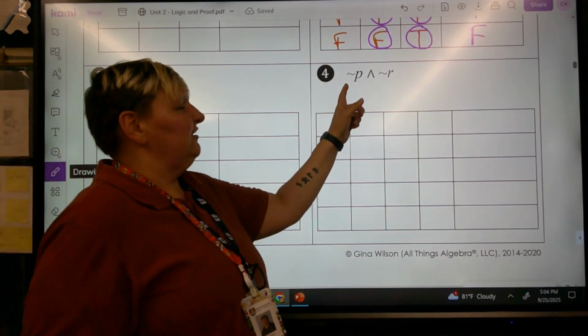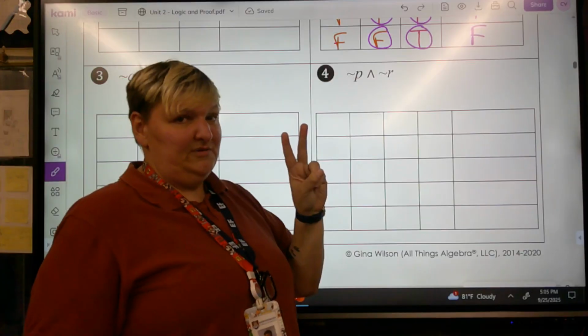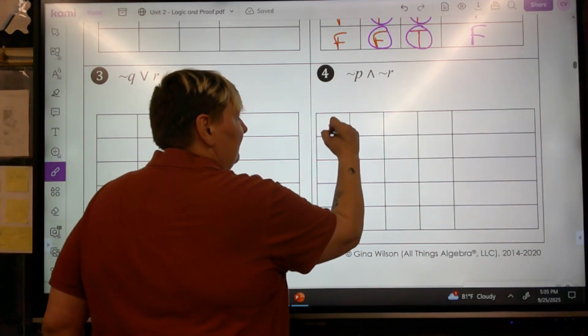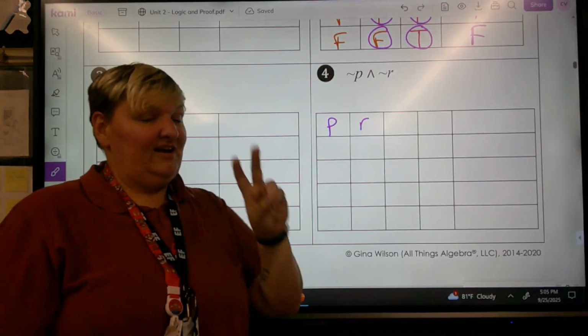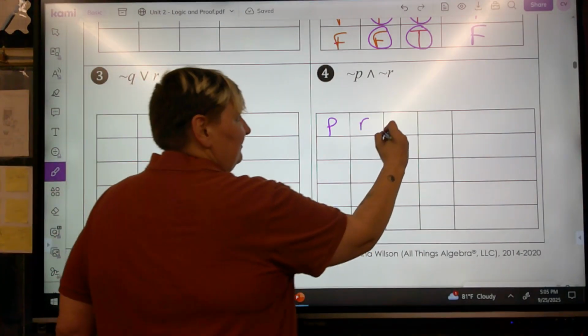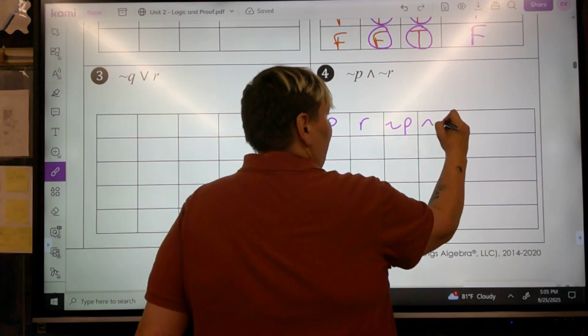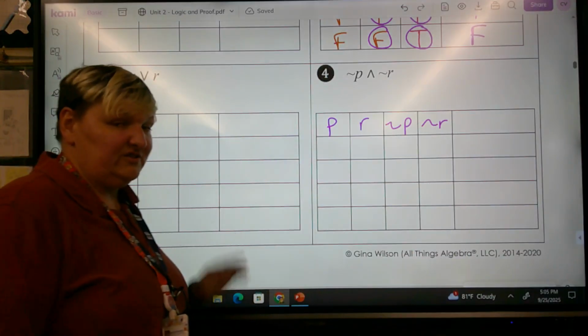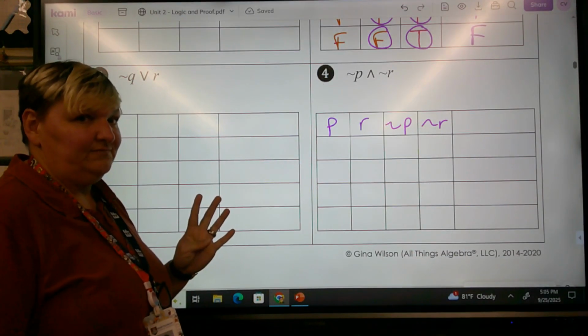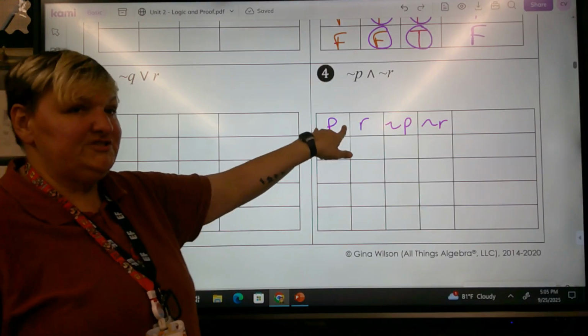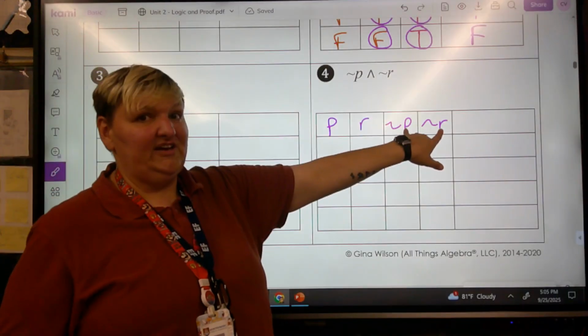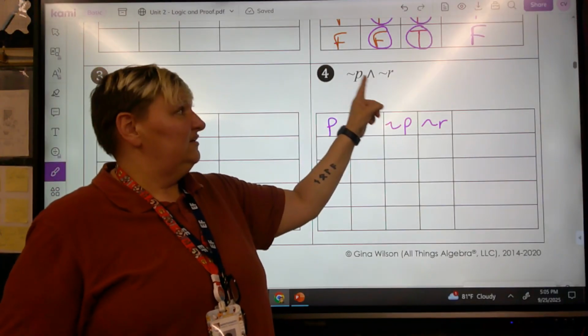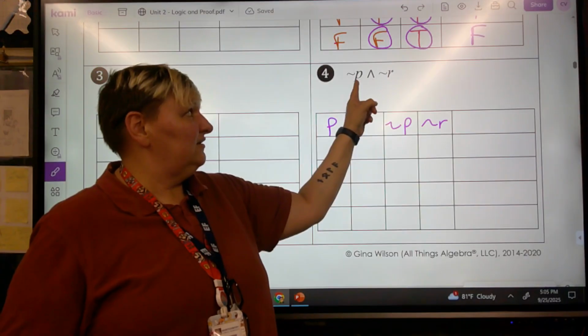Alright, same thing. This one has two statements, P and R. And then it has two negations, not P and not R. So that's four columns of information, because you need the original statements and you need the negations because they're in the compound statement.